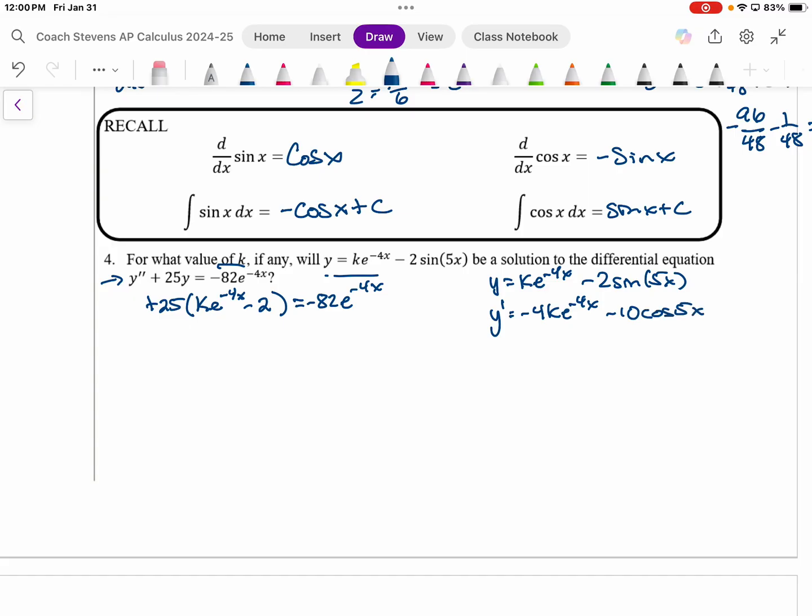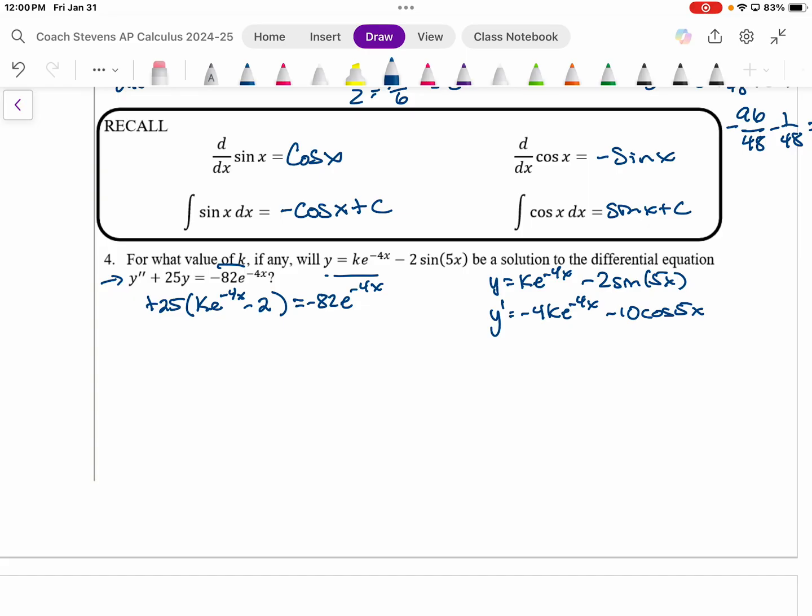I chose, instead of doing u substitution, to just know that the derivative of that little exponent was going to come out front and multiply it, and then the derivative of the 5x is 5. I went ahead and multiplied it by the 10 to cut out a shortcut step.